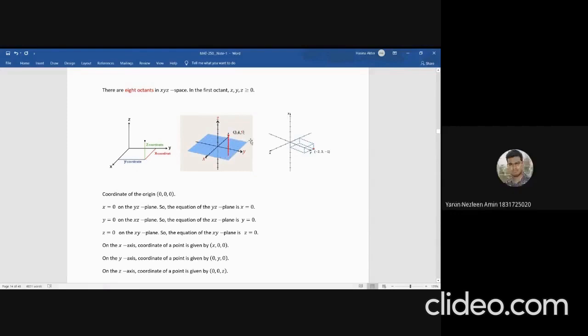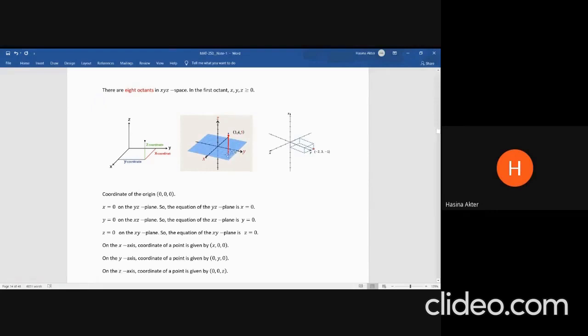Do you understand? Miss, distance from y-axis is? If you are in the xy plane, just think about the two-dimensional space, the xy plane. Distance of a point from the x-axis is the y coordinate, and distance of the point from the y-axis is the x coordinate. So look at the picture.